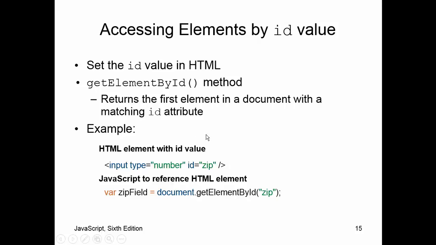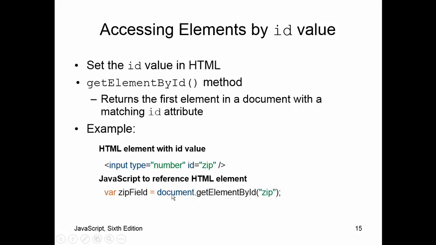But the key thing is you give it an ID. Now, this is a little bit of an aside, but normally when you give something an ID, you also give it a name. And most of the time, unless you're working with radio buttons and the like, the ID and the name value will be the same. We don't need a name here, but we do need an ID, because that ID of zip is the same one that you will use in getElementById.